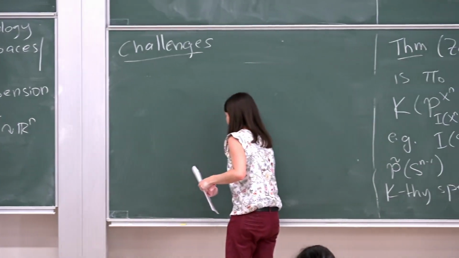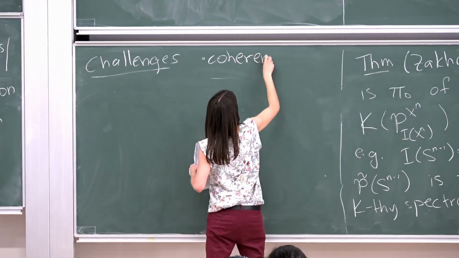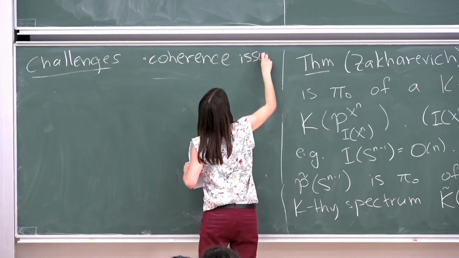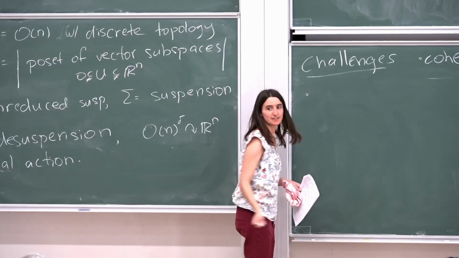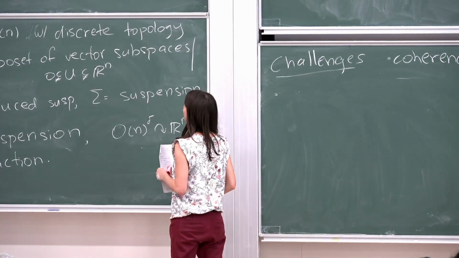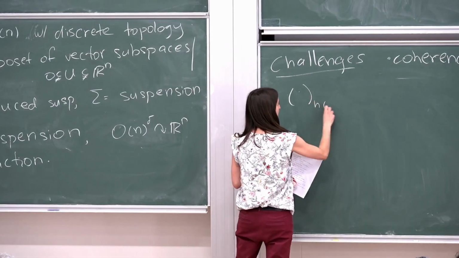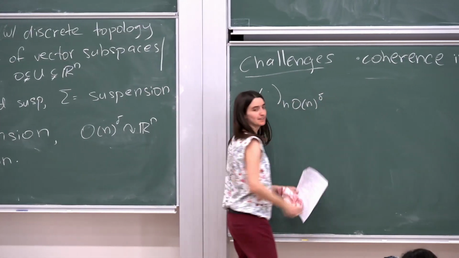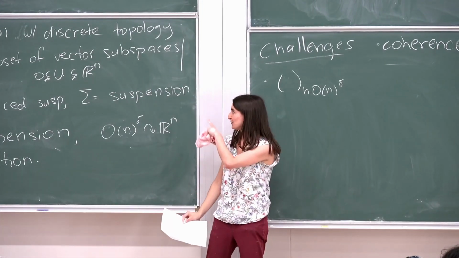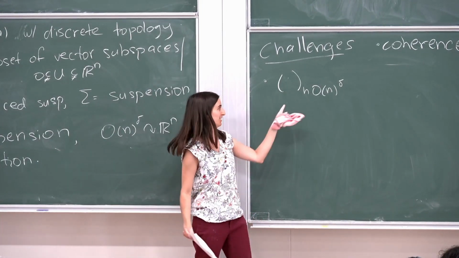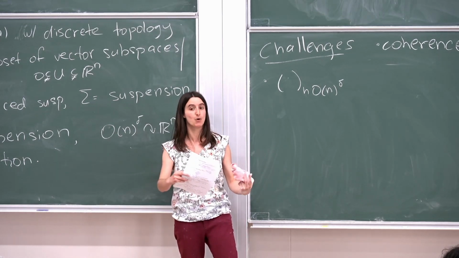Okay, so as always, coherence issues. Maybe let's say something more specific. One more specific thing is these homotopy orbits that we have, and the fact that different n's are showing up, and we want to somehow put all of those homotopy orbits of all those O_n's together.